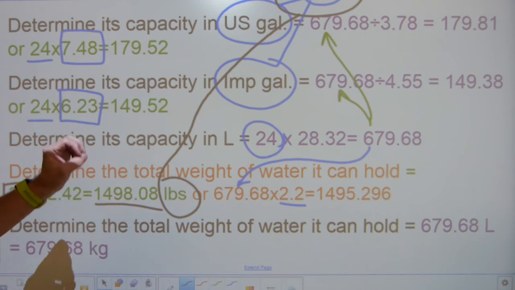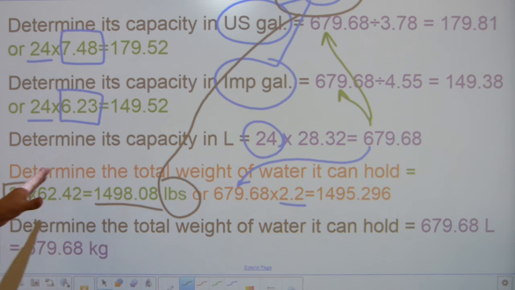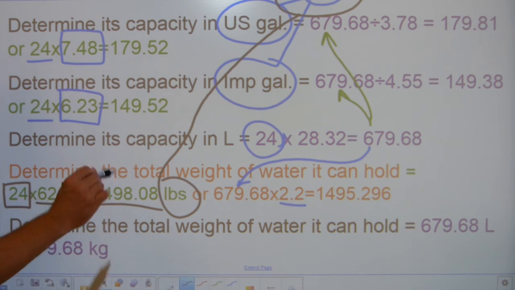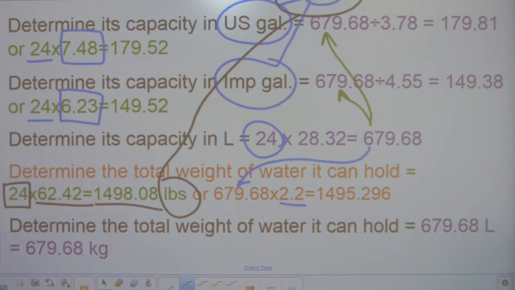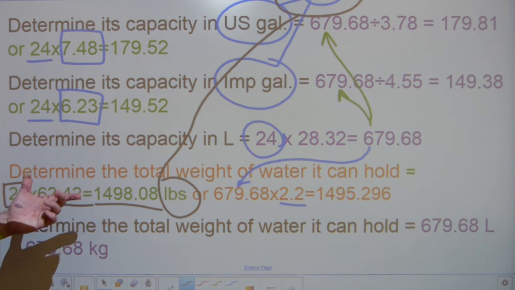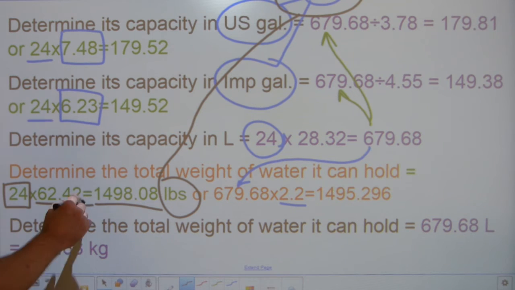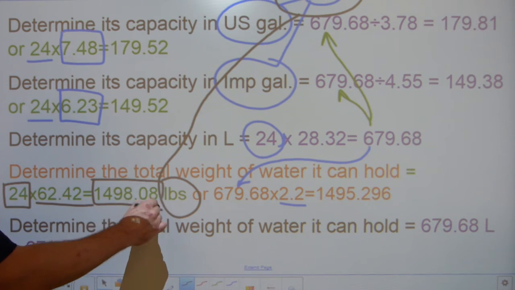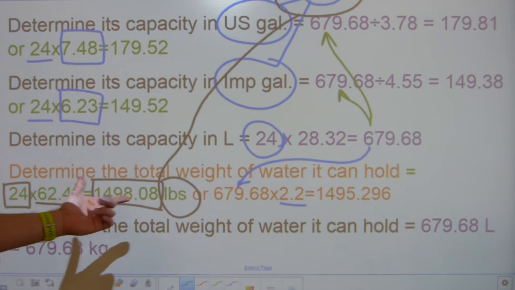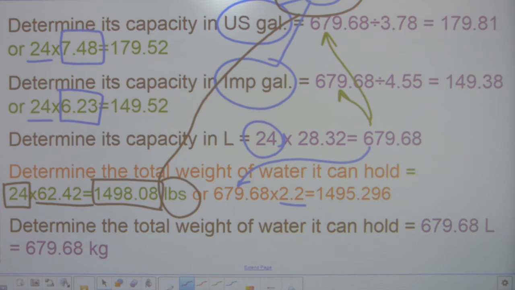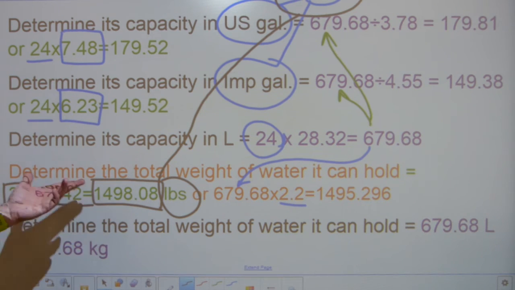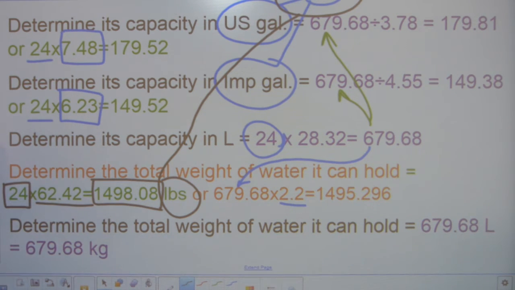In this case, the temperature of the water is different, but the conversion factor is 62.42 pounds. So when these two numbers are multiplied, this final number, 1,498, is more precise than the 1,495. So that's a 3 pound or so difference. This one is more precise for the reasons that I explained.